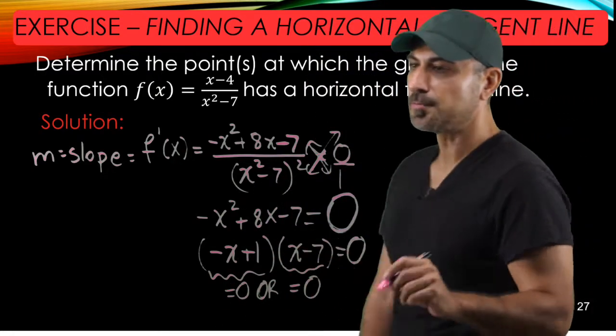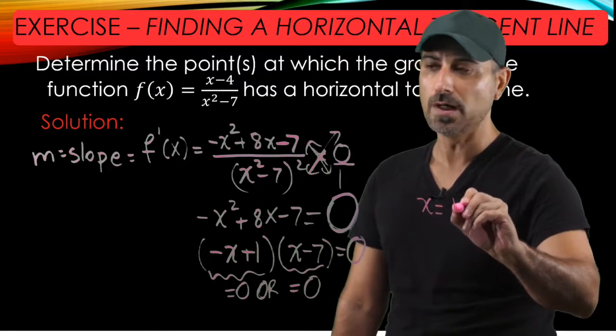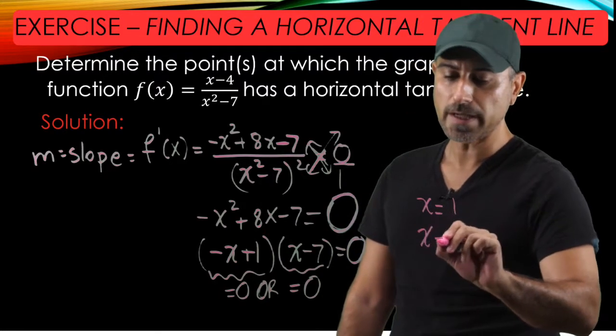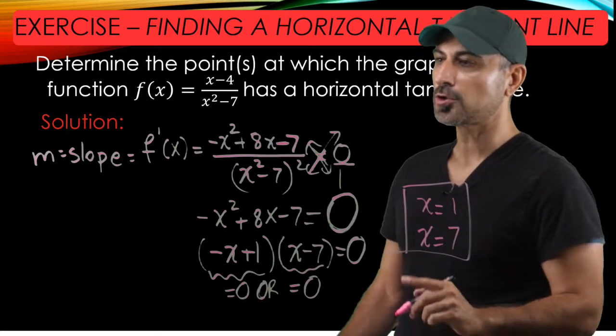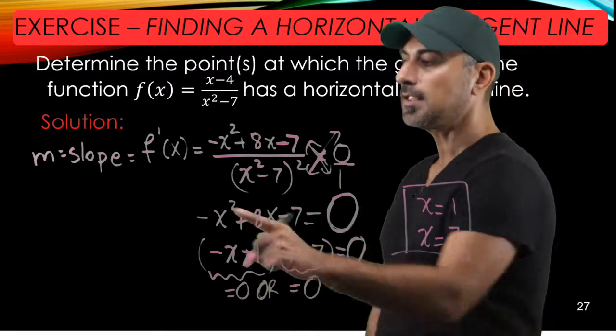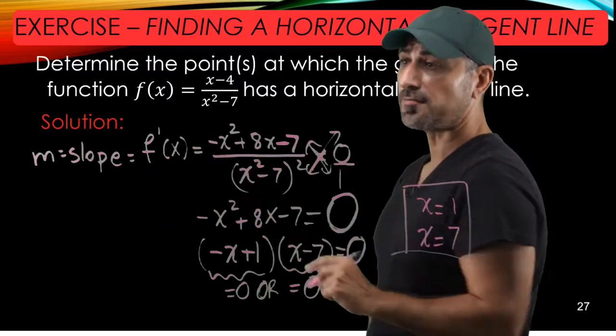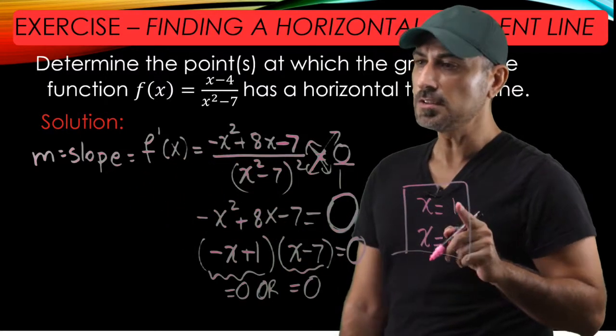Well, the first one provides x equals 1, and the other one provides x equals 7. So in fact, we have two roots that make the slope, f prime of x, equal to 0. One of them is 1, the other one is 7.